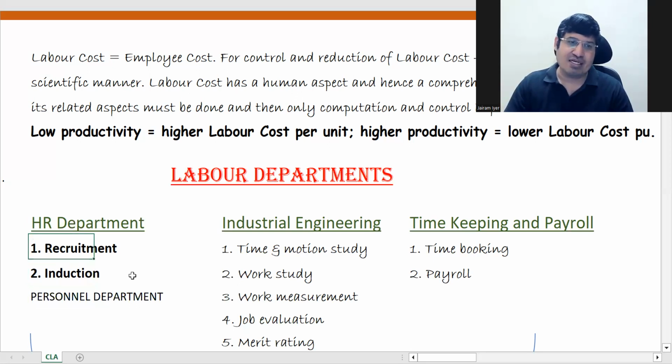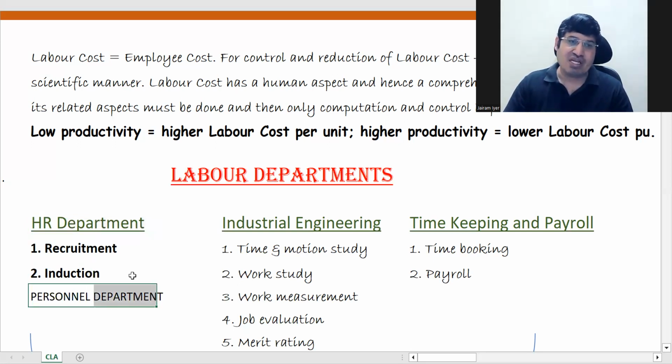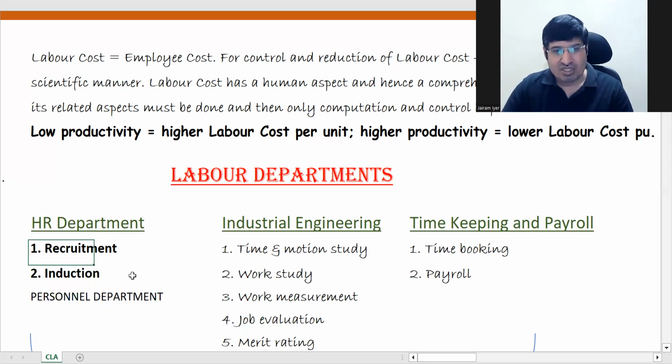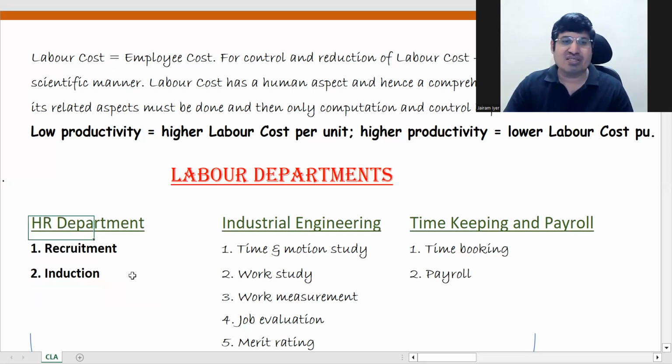If both are there, then HR department will have a wider scope, and personnel department will work purely into recruitment and things like that. Personnel will report to HR department. So don't get confused if you see personnel department sometimes. If there is no HR, only personnel is given, then just put it in place of HR department. So this is your HR.